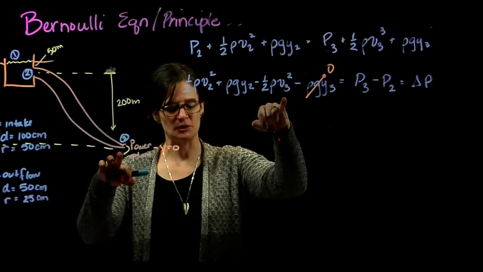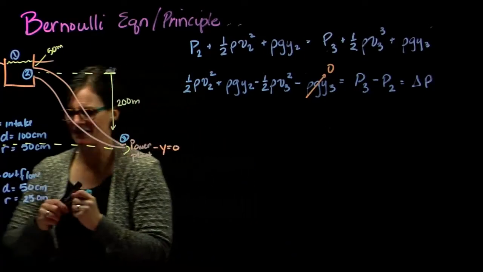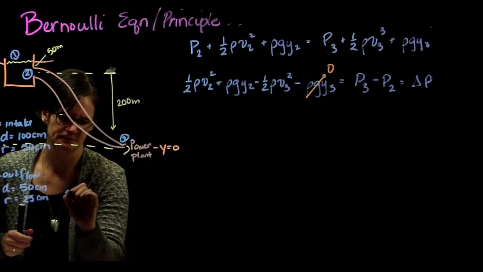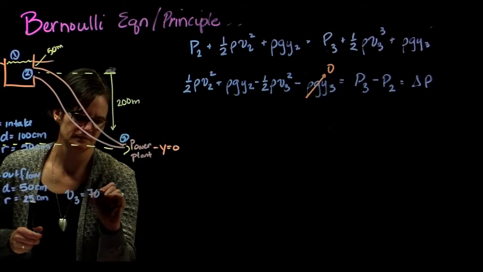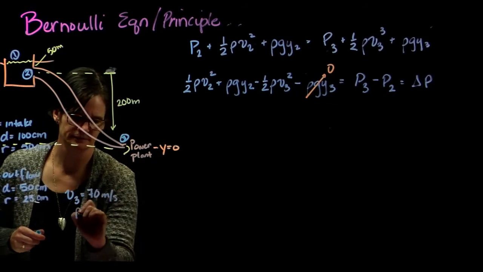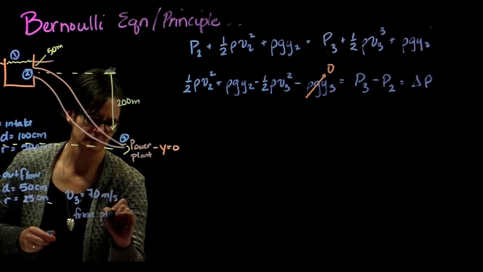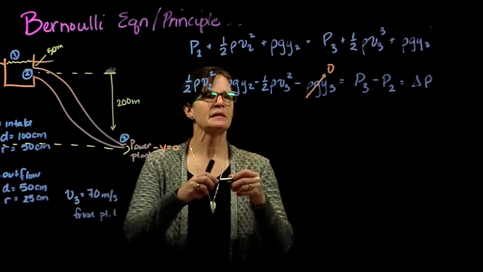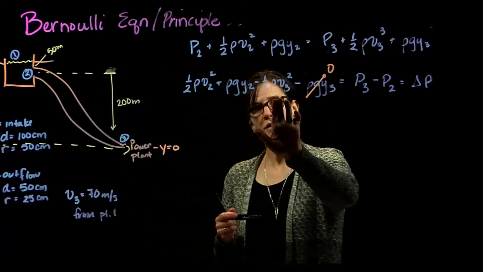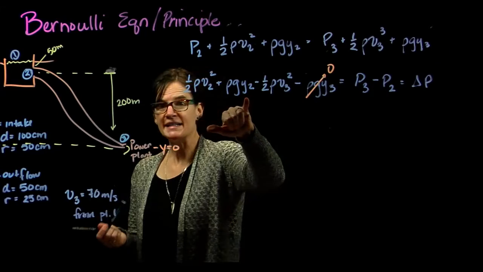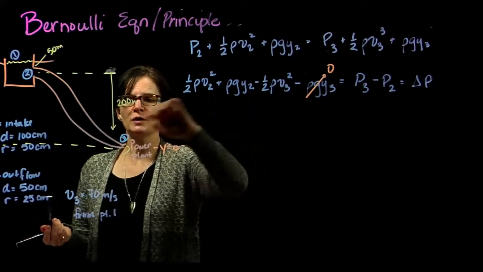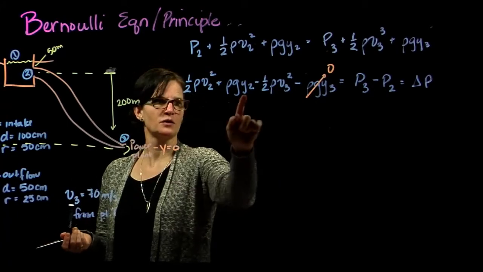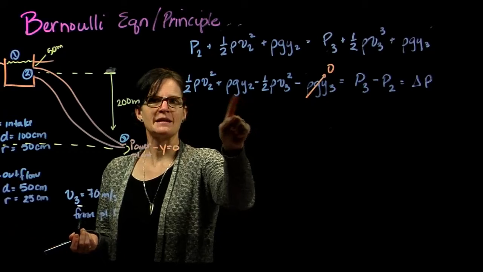Remember, it was 70 meters per second, and I'm just going to write that down so we don't lose sight of that. That was from part 1. All right, so this term is known. The height of point 2 is 200 meters above 0, so we will know this term.